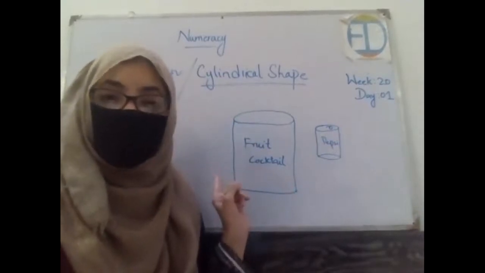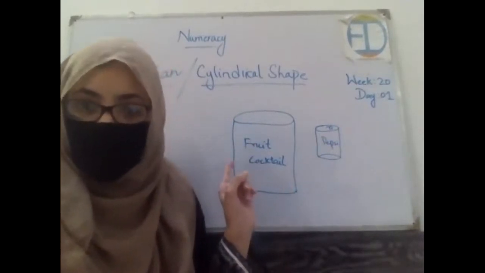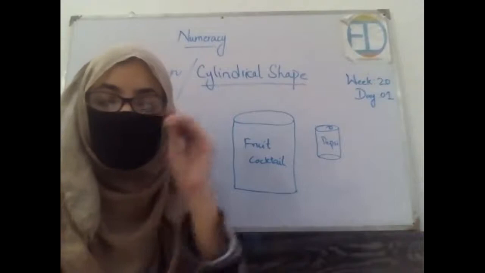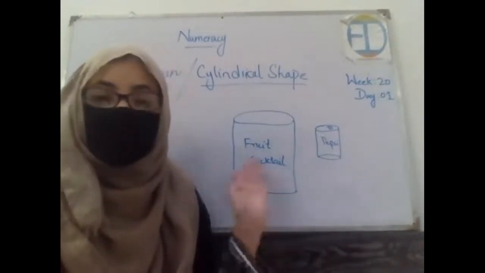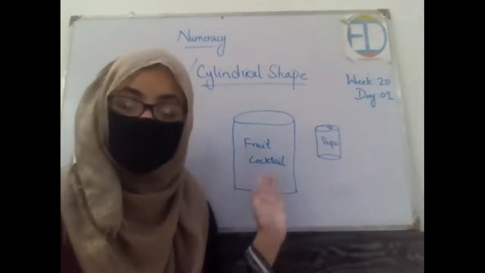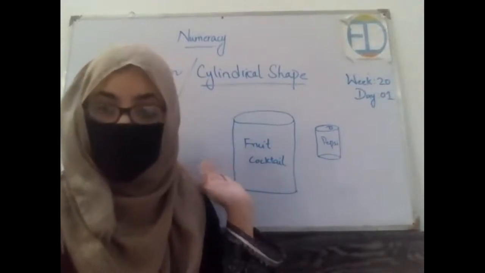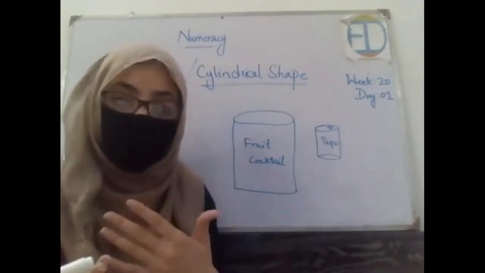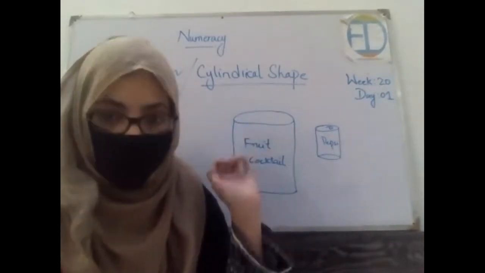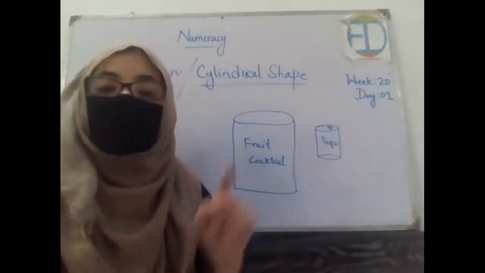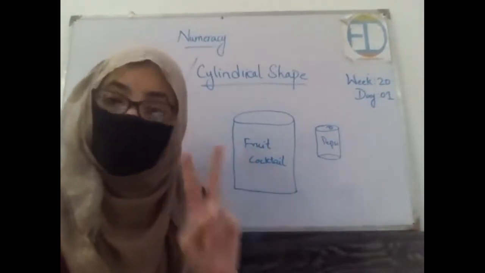And this is the shape of a can, right? We use both terms for the similar shape. This can be called a cylindrical shape, and this can also be called a can shape. Because you are already familiar with can, we will be using that word more, right? But you should know that this shape has two names.